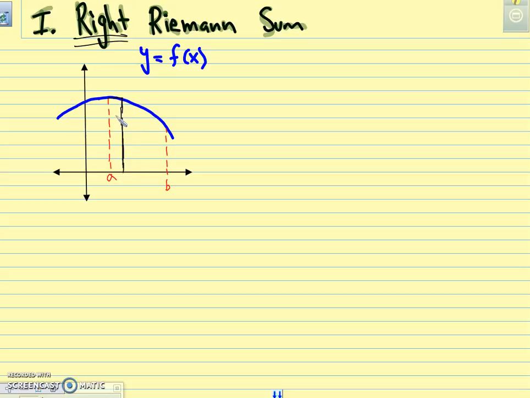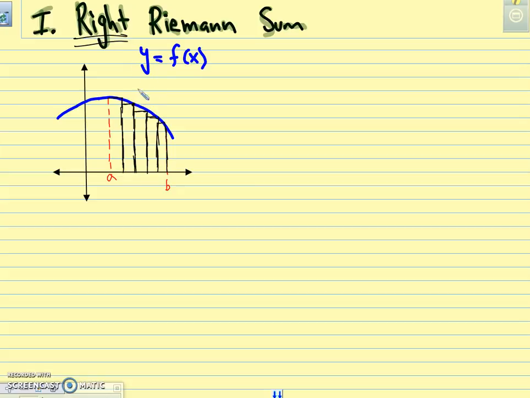So just picture drawing rectangles underneath the curve, underneath this region for the curve. Okay, so we have something that looks like this. So these are rectangles. I know they're not the best rectangles, but we have rectangles.